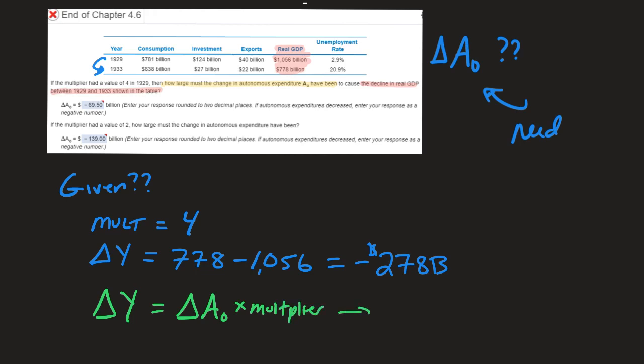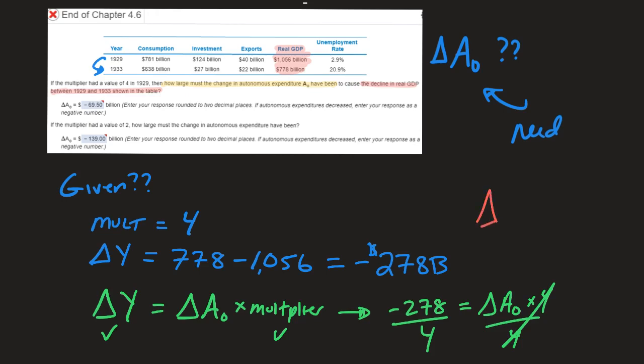The great thing is this is what we have. We have enough here. We have this change in Y and we have the multiplier. So I know that negative 278 is going to equal my change in autonomous spending, which is what I'm looking for, times 4. So I'm going to divide both sides by 4. Those will cancel out. And so I can get my answer.